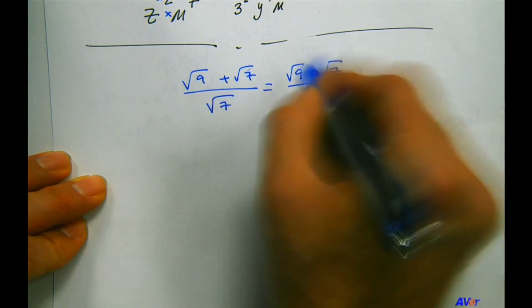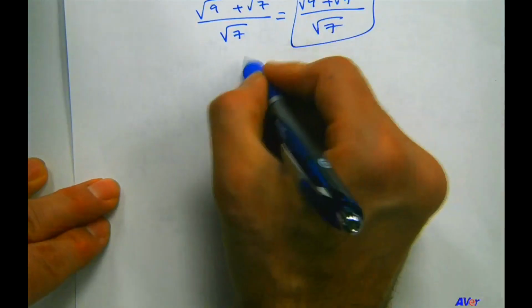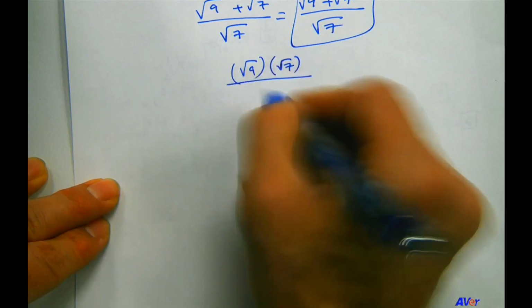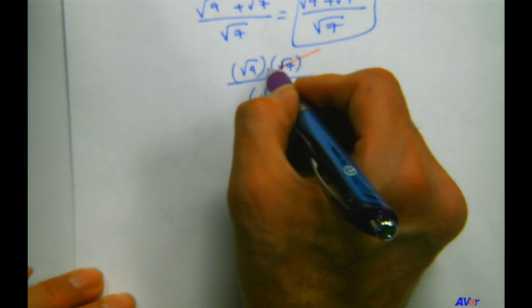But if you have square root of 9 times square root of 7, just like what we have here, then you can cancel these things out because these two are being multiplied, not added or subtracted.